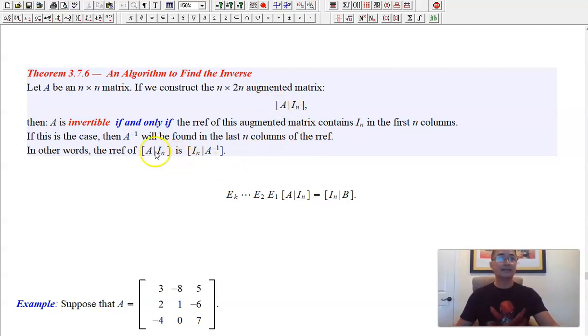If this is what you got, then miraculously, A inverse will be found in the last n columns of the REF, the right half of the REF. So in other words, the REF of A augmented by the identity is the identity augmented by A inverse. Okay, so why does this work? You're not in college algebra anymore. You're in linear algebra. So we want to know why things work.